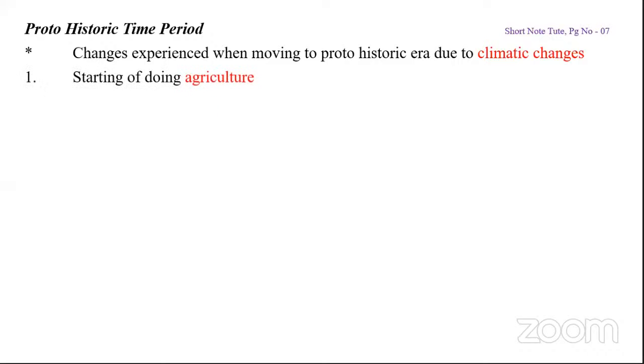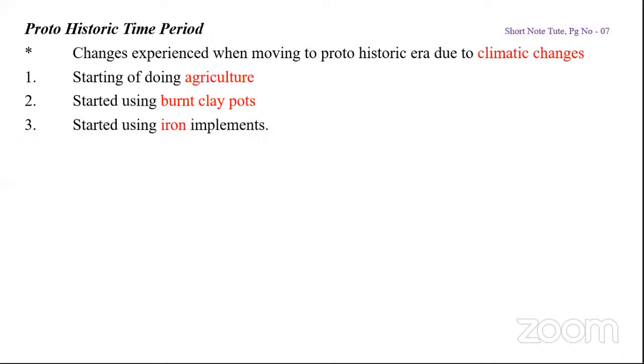So what changes did they experience in their lifestyle? They started doing agriculture, and they started using burnt clay pots for the first time. They also started using iron implements, so it was the time they started using iron, and even sedentism. What is sedentism?